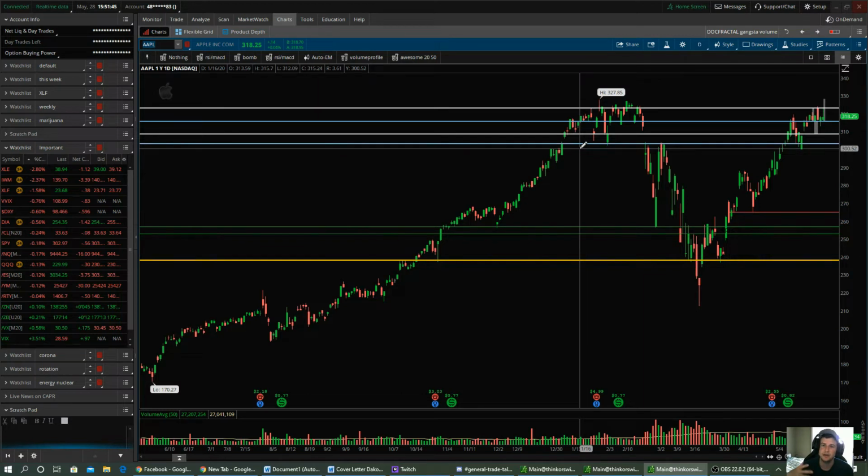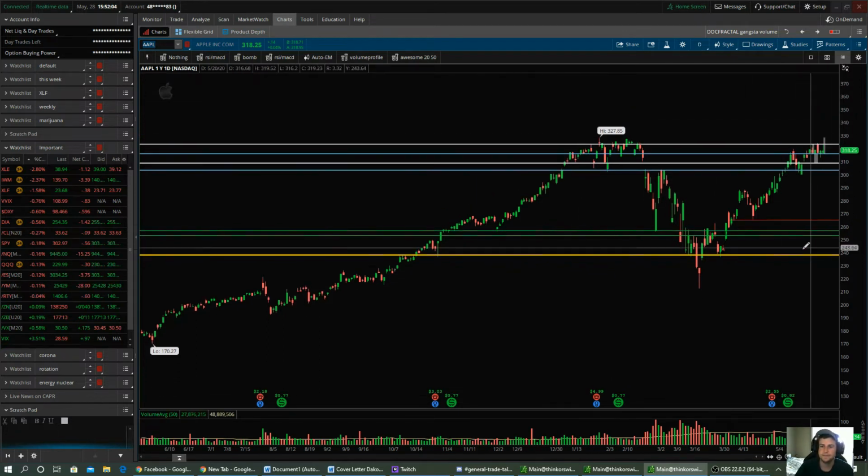But if it's an actual algorithmic computer placing the trades, then the computer is not going to be really programmed to sell unless they really do feel like the market is going to crash, which even then I think that's probably when the market does go down. I think that's human behavior, not so much algorithmic behavior.